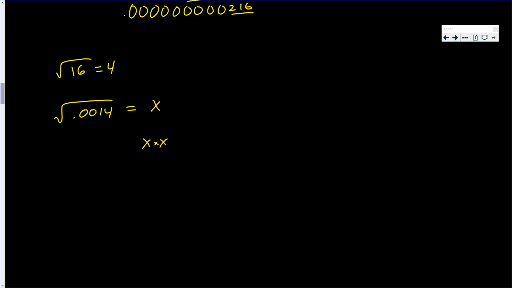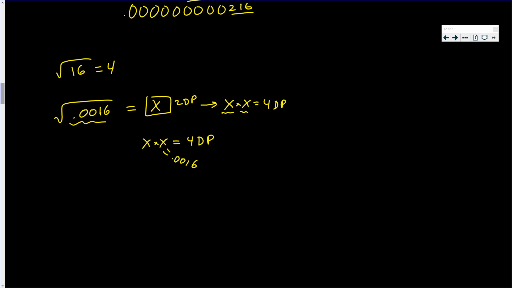X times x must be 4 decimal places, because I'm supposed to get back 0.0016. Whatever it equals, it has to be 2 decimal places, because when I multiply x by itself and I add 2 plus 2, I'll get 4 decimal places just like that number.